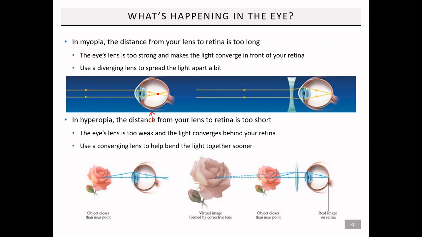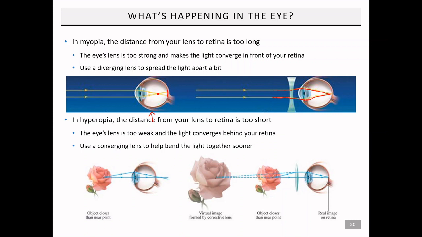Then when the image forms on the retina, it's not clear, it's blurry. In order to fix this, we use a diverging lens to spread the light apart just a little bit. So when those horizontal rays come in, you want to spread them apart a bit, and then when the lens focuses the light, it will focus it on the back of the eye.